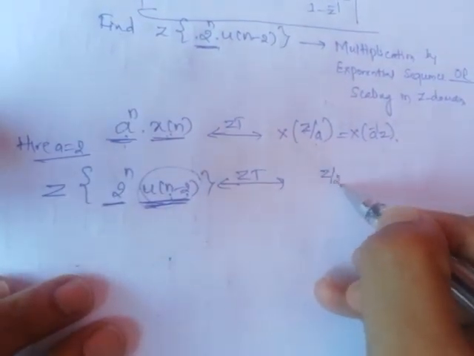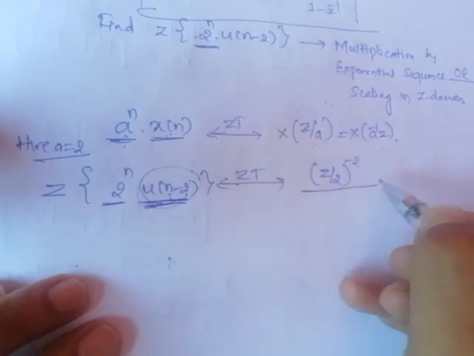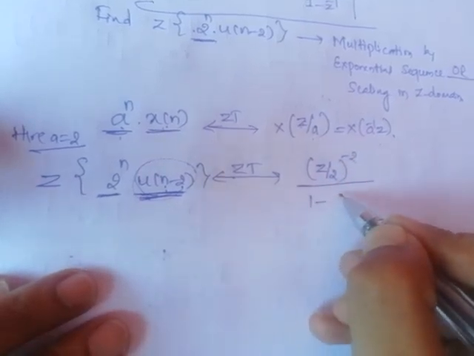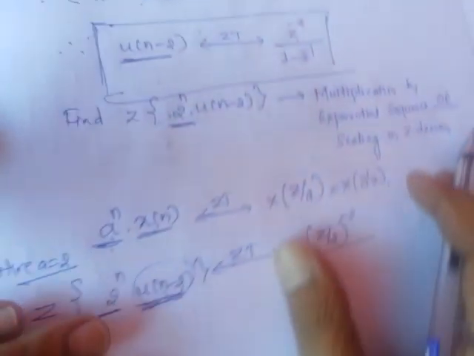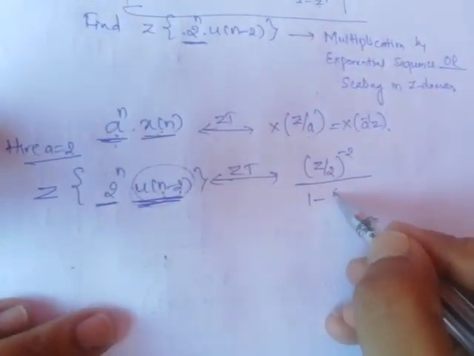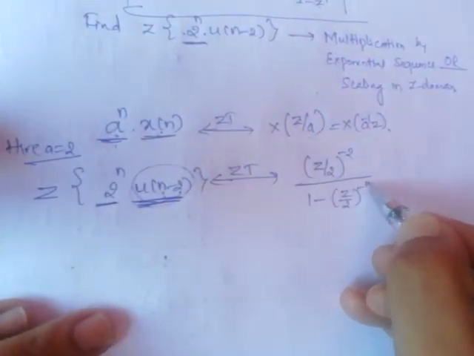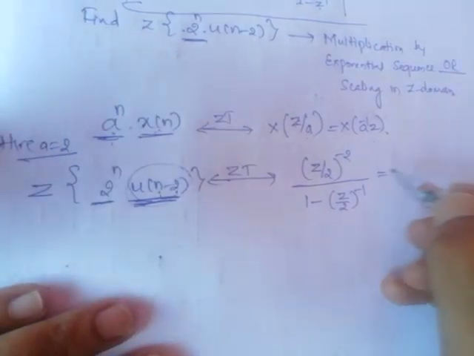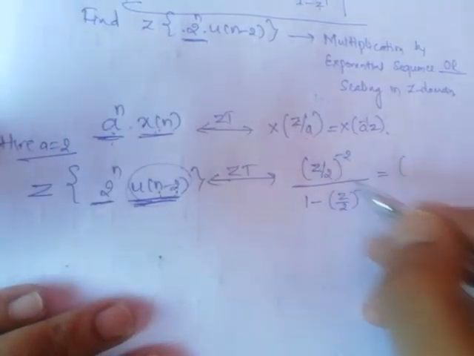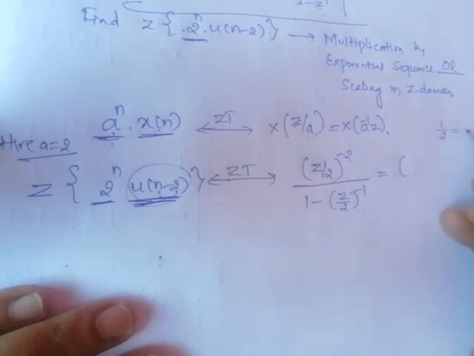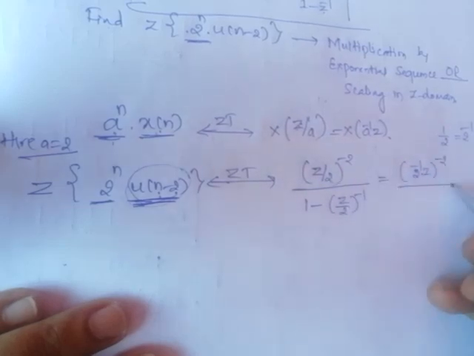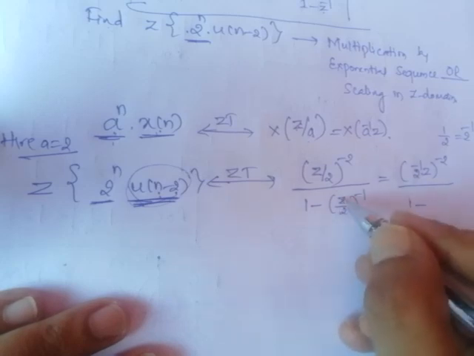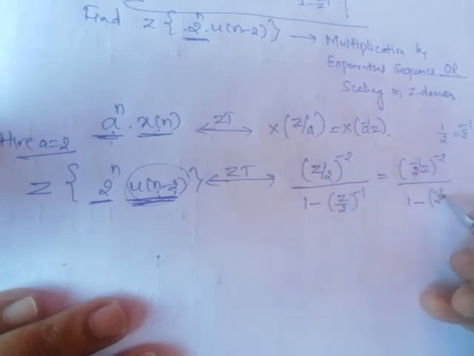Hence we get z by 2 to the power minus 2 divided by 1 minus z by 2 to the power minus 1. For simplification, 1 by 2 is nothing but 2 to the power minus 1.